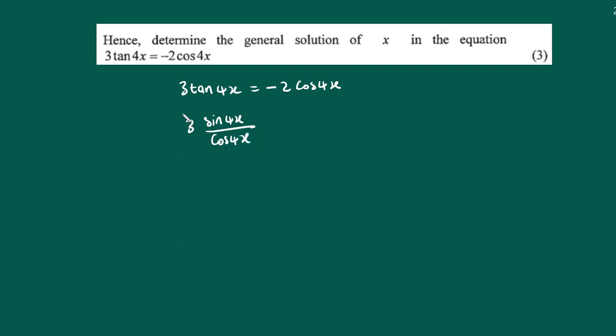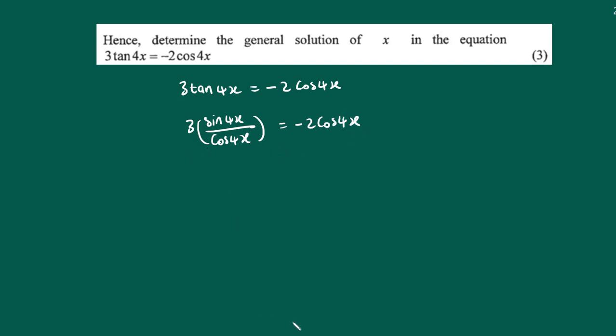One mistake I saw students do is to put 3 on top and 3 at the bottom. No guys, it's just 1 over 3. That's why it's usually advised to use brackets, and then you have negative 2 cos 4x.